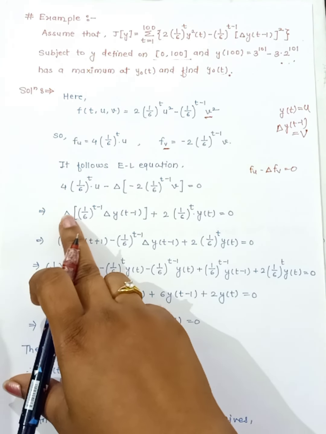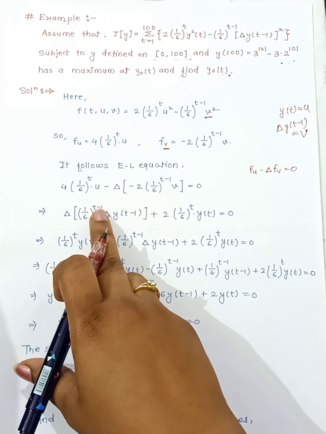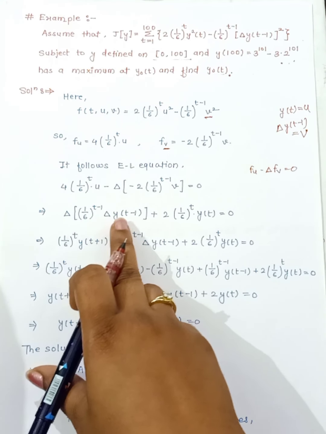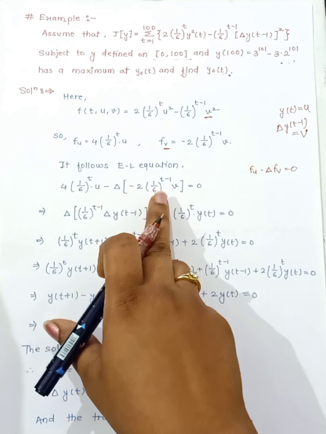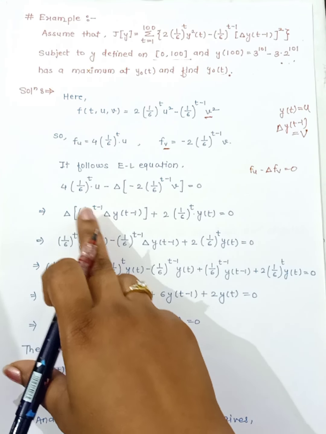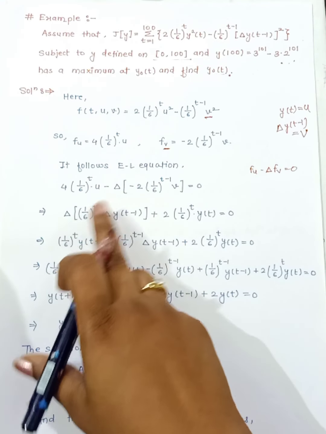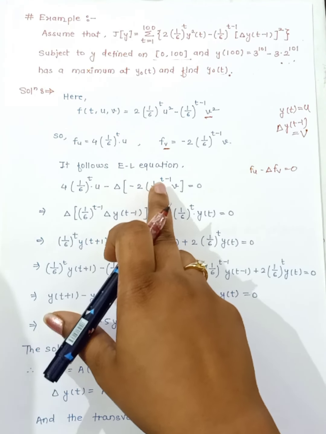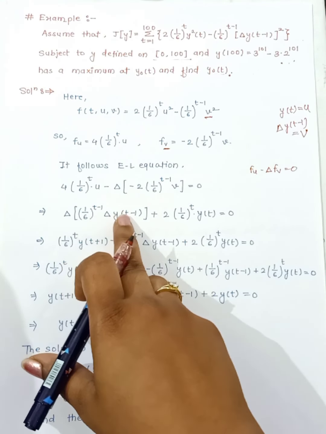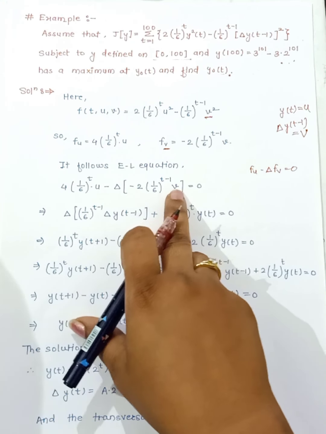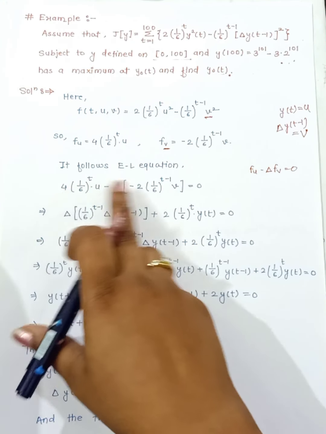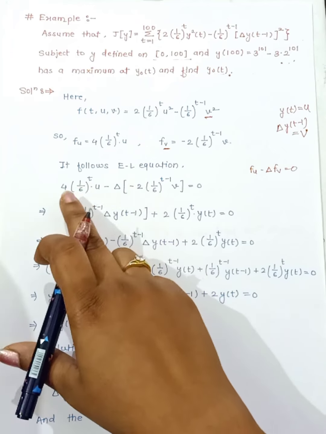So delta of (1/6)^(t-1) into delta y of (t-1). We have taken this term first and then this term. So minus minus plus delta (1/6)^(t-1) and delta y of (t-1) in the place of v. So 4 and 2, we had 2 in common.